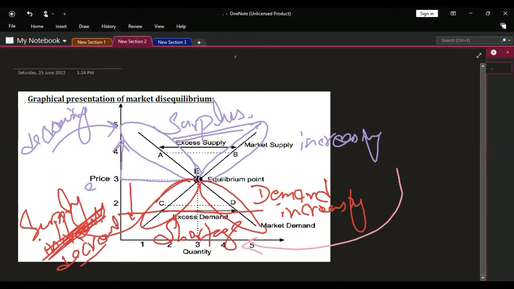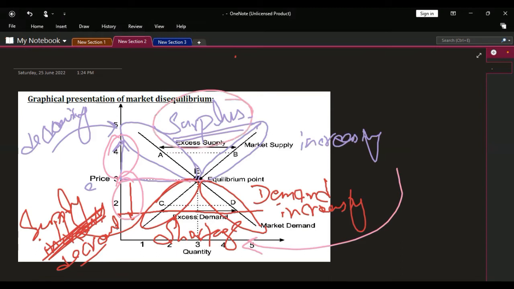So in both conditions, if you move above this price or downward from this price, both are not suitable for the market because one is creating surplus and the other is creating shortage. So only the equilibrium price is the price at which quantity demanded is equal to quantity supplied.